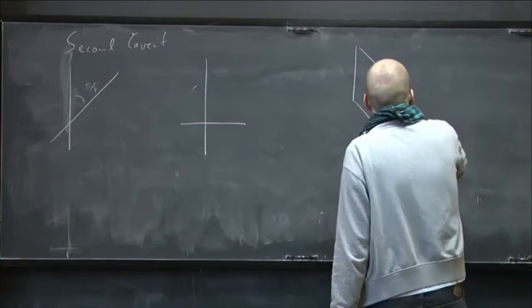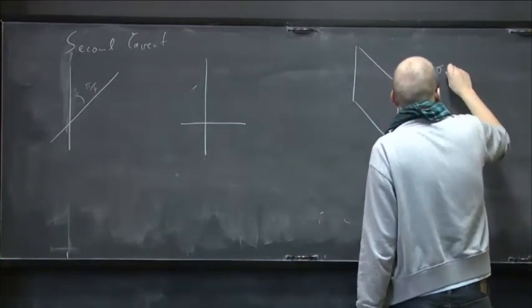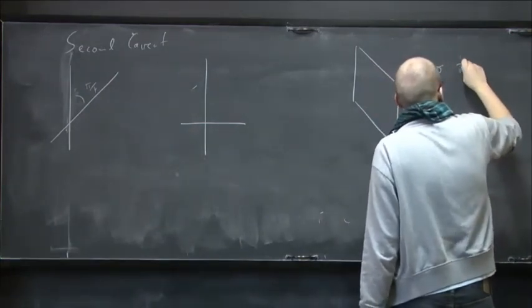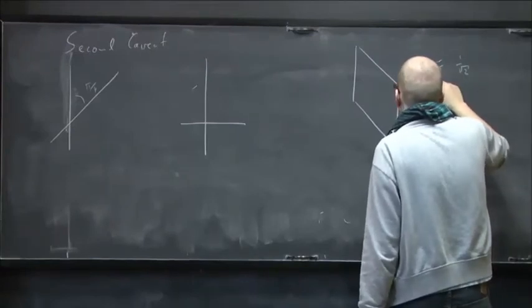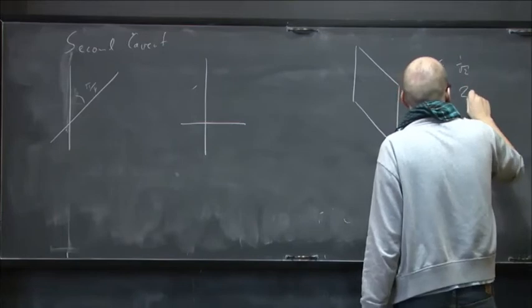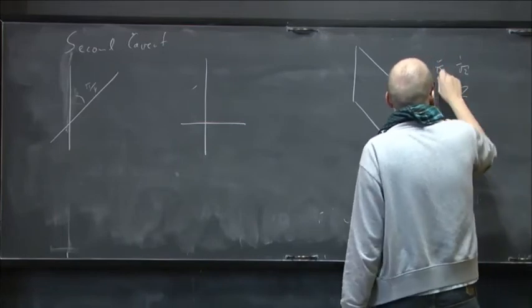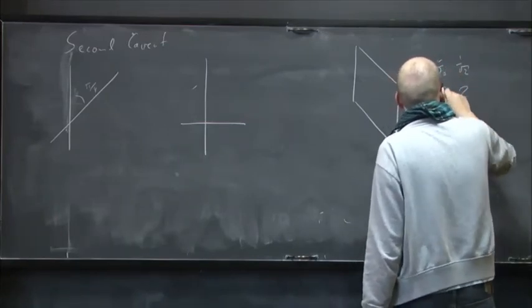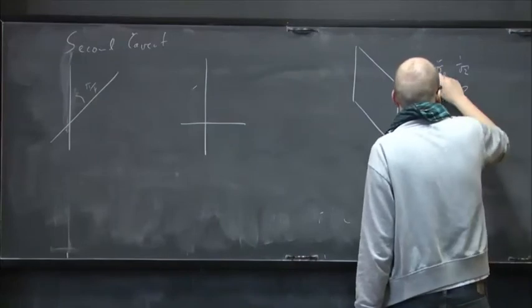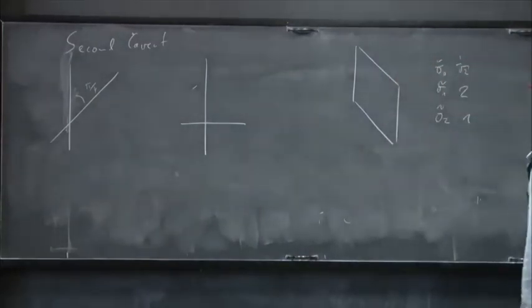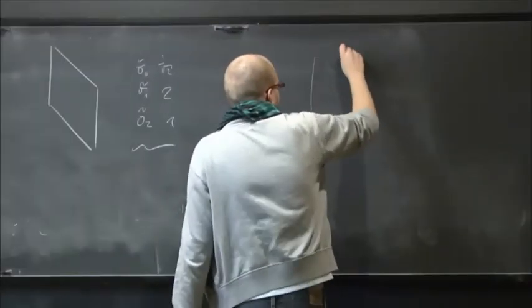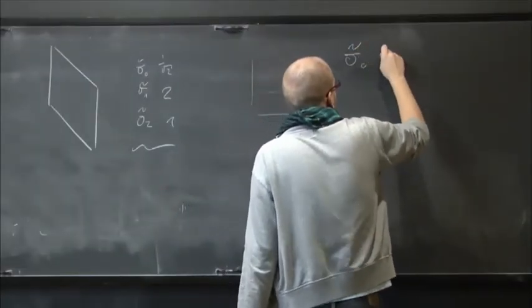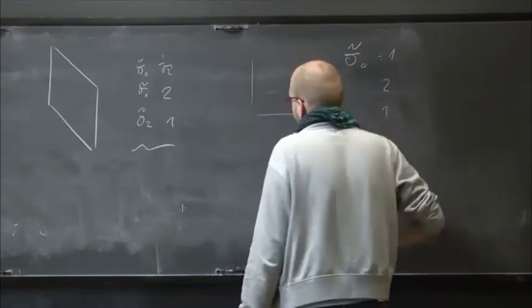So this coefficient should now be 1 over square root of 2, and the other ones are the same, 2, 1. And in the second case, I still have the ones that we already worked out: sigma tilde is equal to 1, 2, 1.